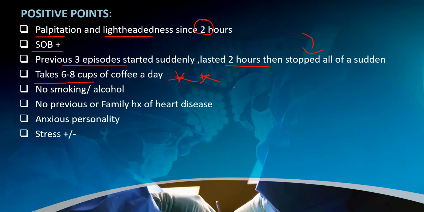So for arrhythmic cases or palpitation cases, tea and coffee are important. No smoking or alcohol, no previous or family history of heart disease. The patient is an anxious personality, so a lot of positive findings you are getting. And also sometimes they can say that the patient is under a lot of stress.